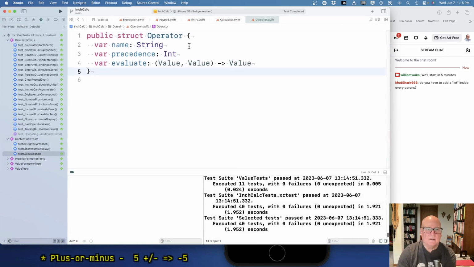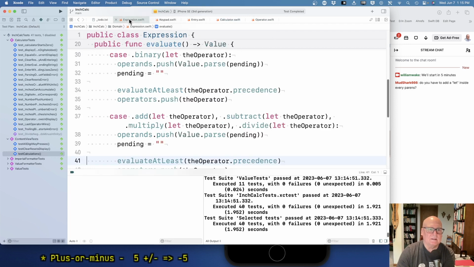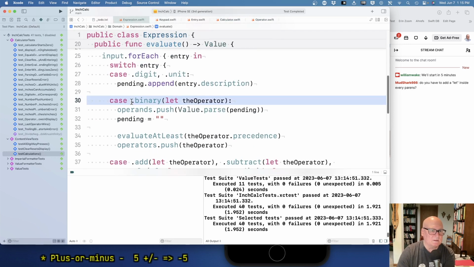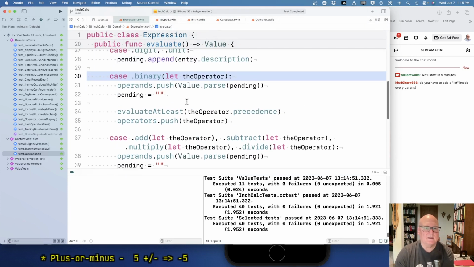Okay, so now, let's get our, let's see, where do we want to test this? Okay, I think in expression, I think this one, well, no, we may not be able to get there yet. All right, let's get the plus or minus working.